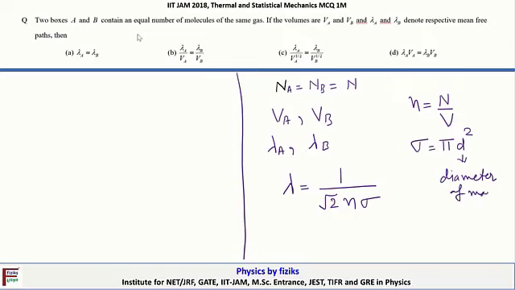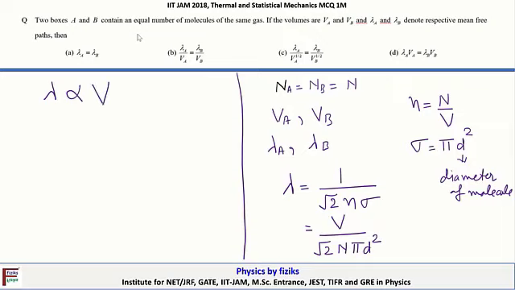So with this information we can rewrite this as V divided by under root 2 N pi d square, because the gas molecules confined in the two different boxes are identical. So from here we notice that the mean free path is simply proportional to the volume of the box.